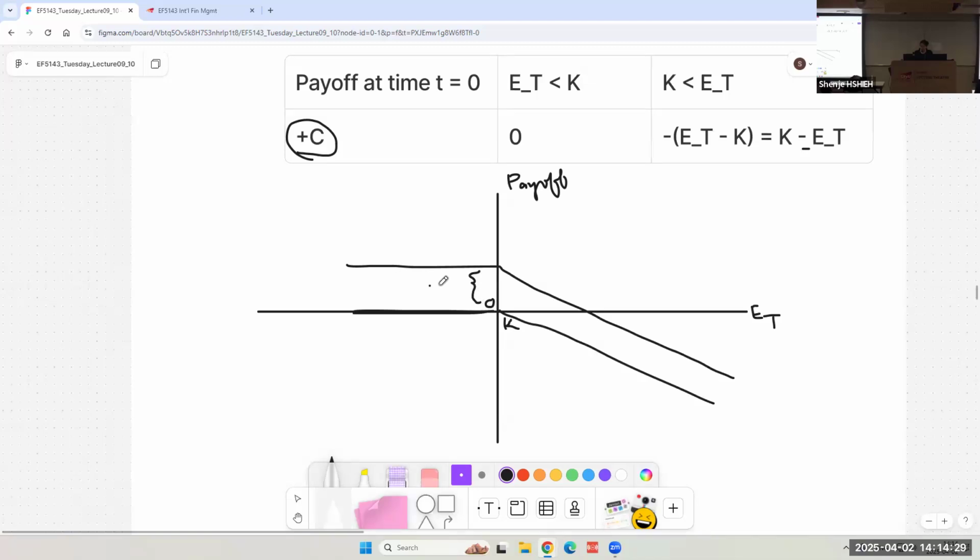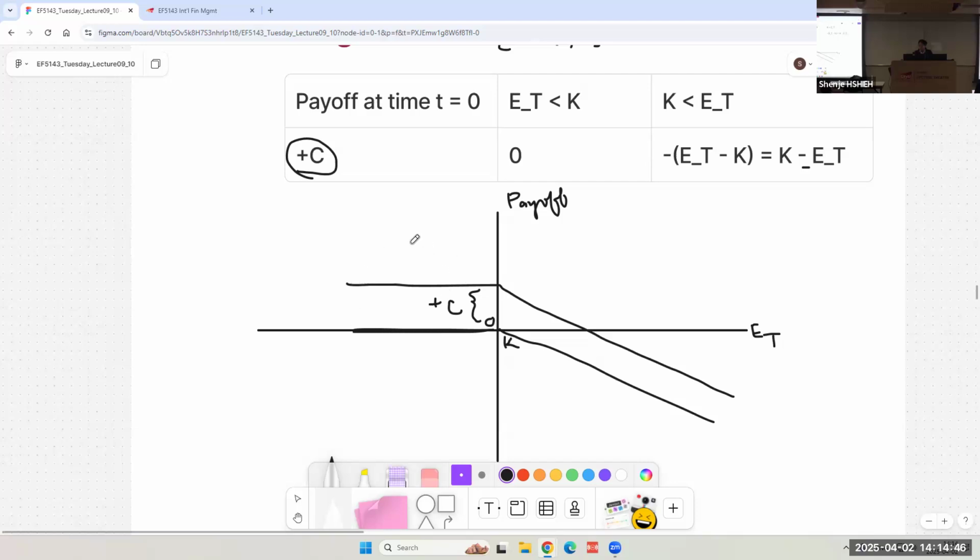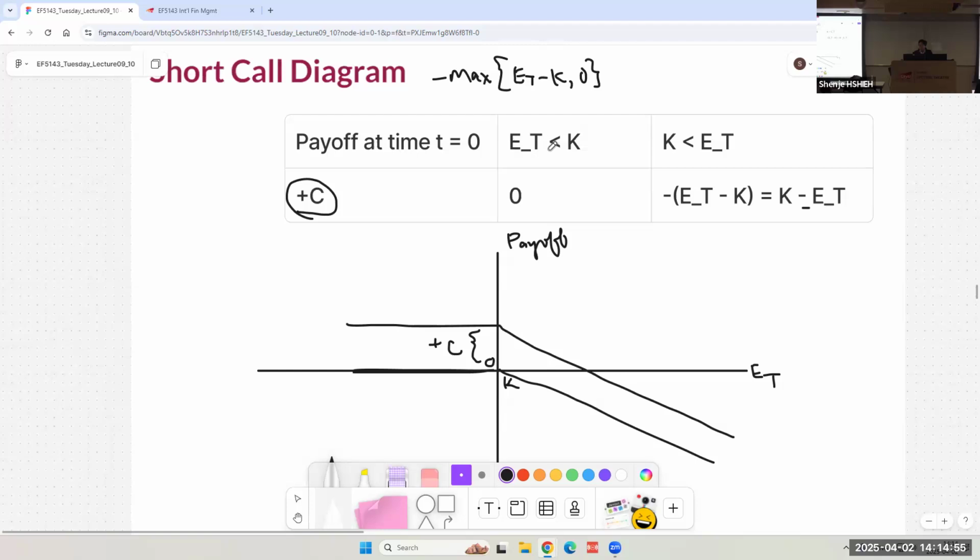This is plus C. All right, so let's talk about what exactly is going on here. Here you also get protection in two places. You get a nice revenue here, in the case in which the underlying asset doesn't exceed the strike, right? So that's here.